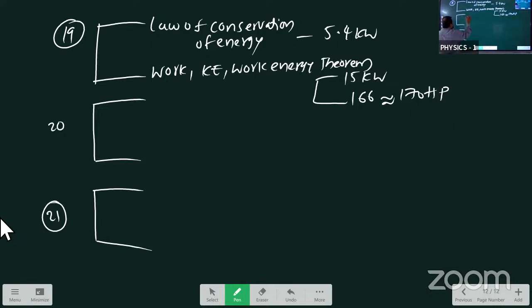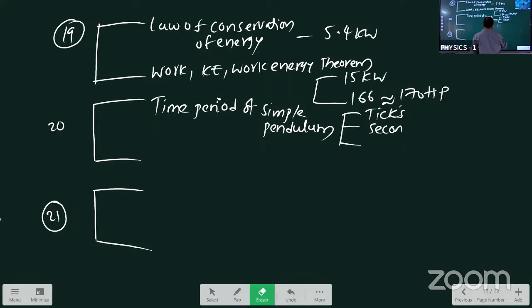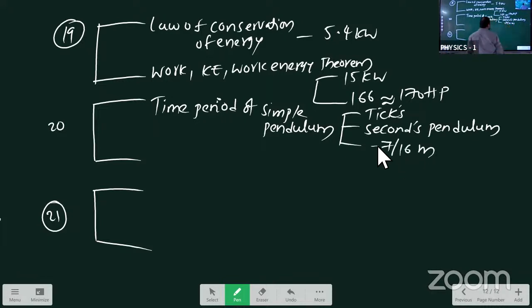Next, time period of simple pendulum. Three cases: ticks, seconds pendulum. That problem, 7/16 meter decreased.